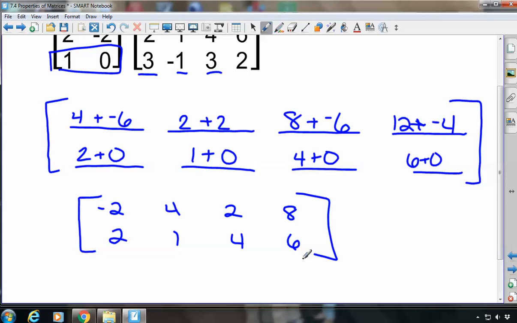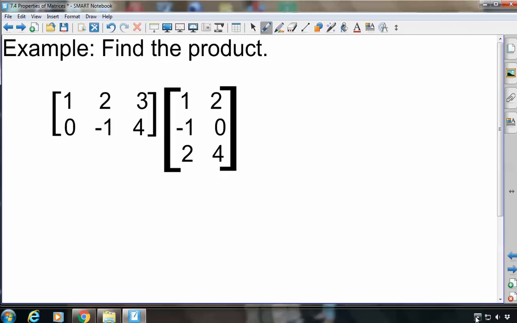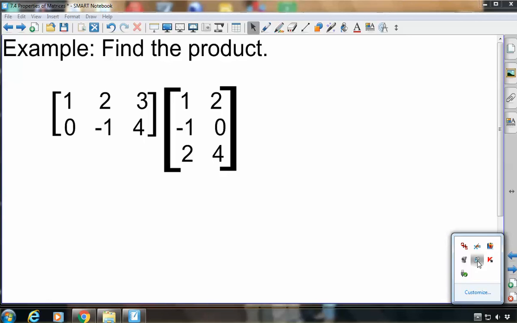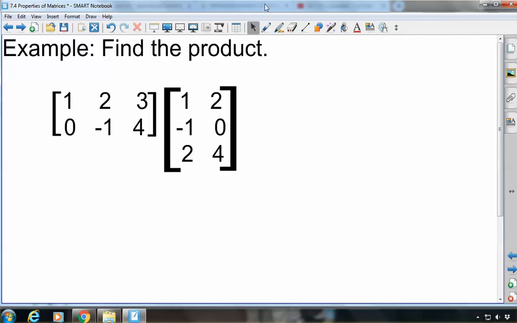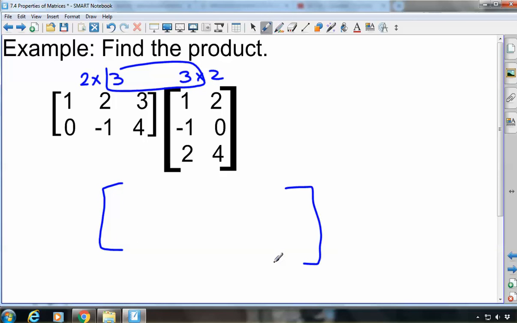I would like for you guys to try one so we can make sure that we know what we're doing. Here is your problem. Okay, size of the first one is 2 by 3. Second one is 3 by 2. So we can multiply. Final answer will be a 2 by 2. So you take row times column. So 1 times 1, 2 times negative 1, 3 times 2.